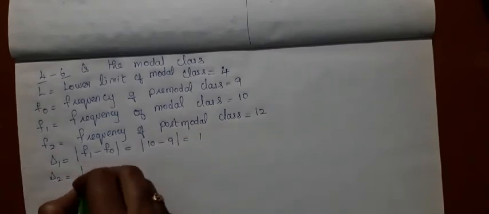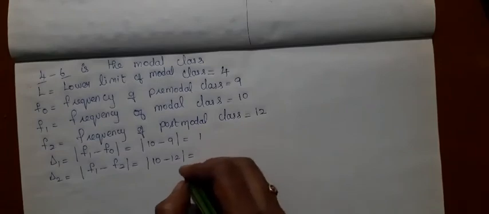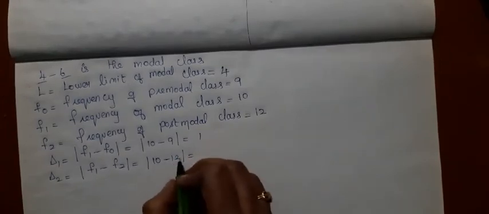Now let us compute delta 1, which is modulus of F1 minus F0, 10 minus 9. Delta 2, which is modulus of F1 minus F2, which is 10 minus 12. Modulus, so even if you get a negative value, you write it as a positive value. 10 minus 12 is actually minus 2.